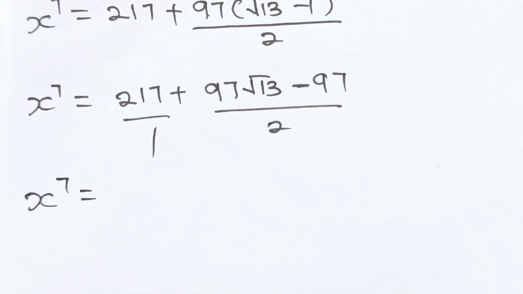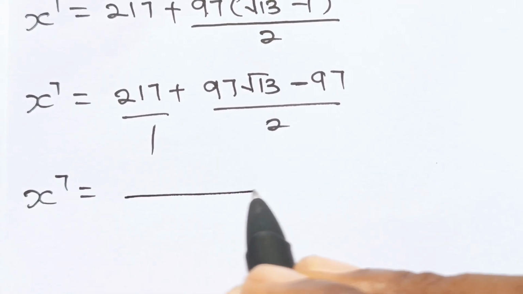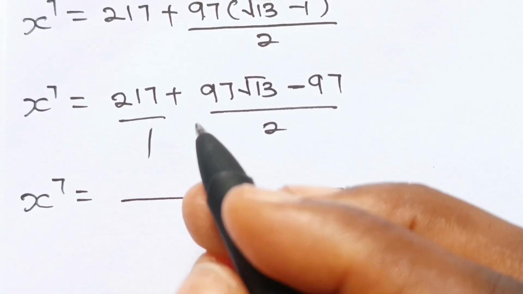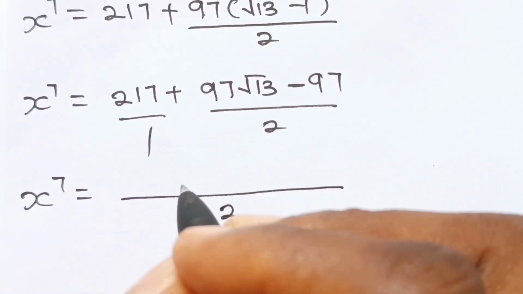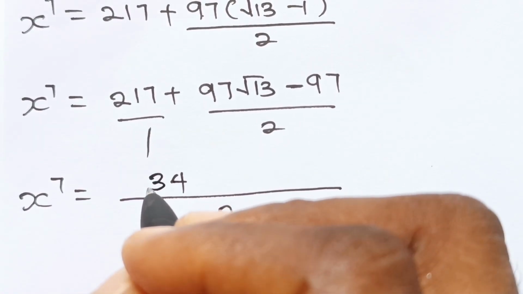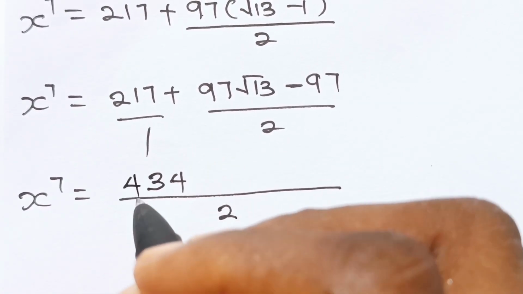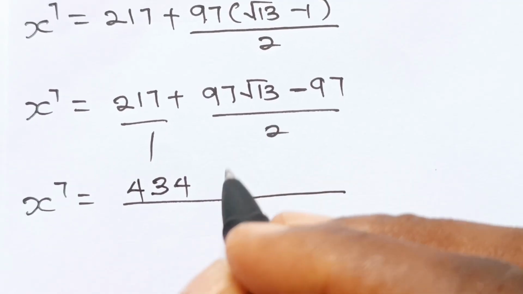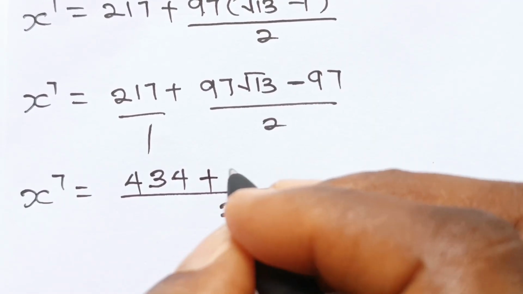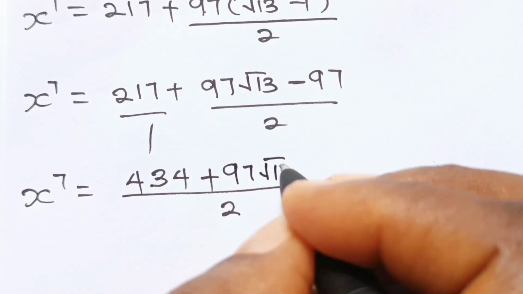So x to the power of 7 then should be equal to, the LCM is 2, 1 divides 2 is 2, 2 times this will give us 2 times 7 is 14, carry 1, 2 times 1 is 2 plus 1 is 3, and 2 times 2 is 4. So this is what we will have, plus when this is divided by this is 1, so we still have this remaining.